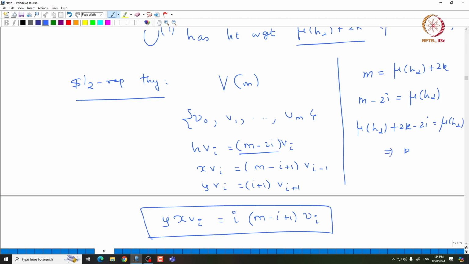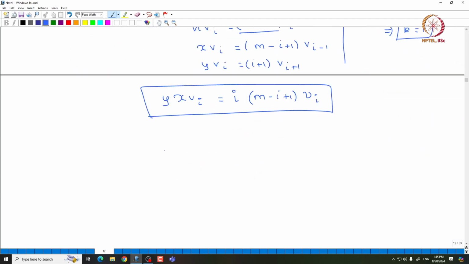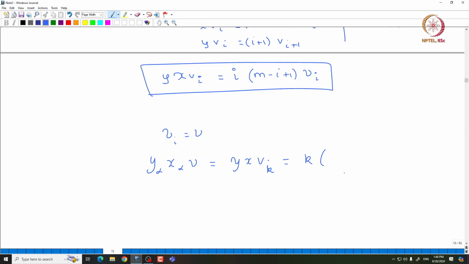That forces k to be equal to i. So, in particular this Vi corresponds to V. If I take Y alpha X alpha acting on this V, it is the same as y x acting on Vi, where i is equal to k. Then Y alpha X alpha acting on this V gives exactly k times m, which is k times mu of H alpha plus 2k.